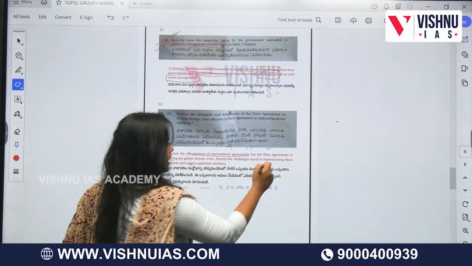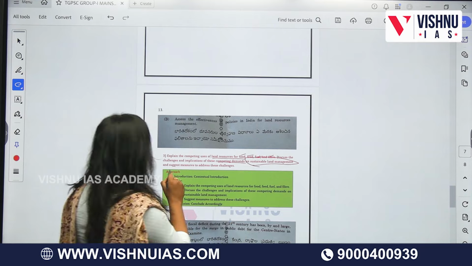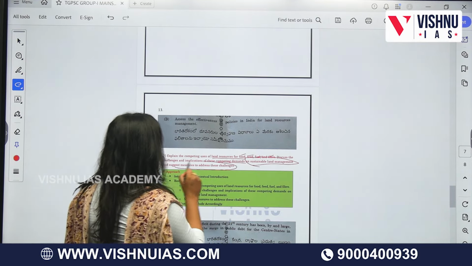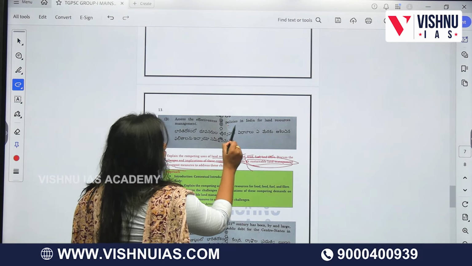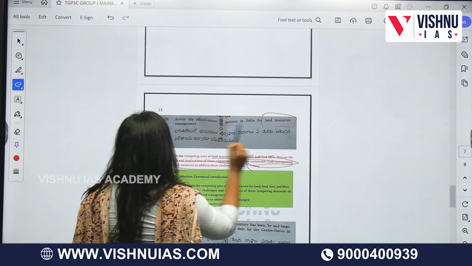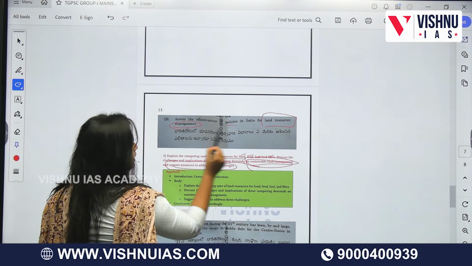Explain the competing uses of land resources for food, feed, fuel, fiber. Discuss challenges and implications of these competing demands on sustainable land management. Suggest measures to address these challenges. Assess the effectiveness of policies in India for land resource management. Sustainable land management is nothing but land resource management.